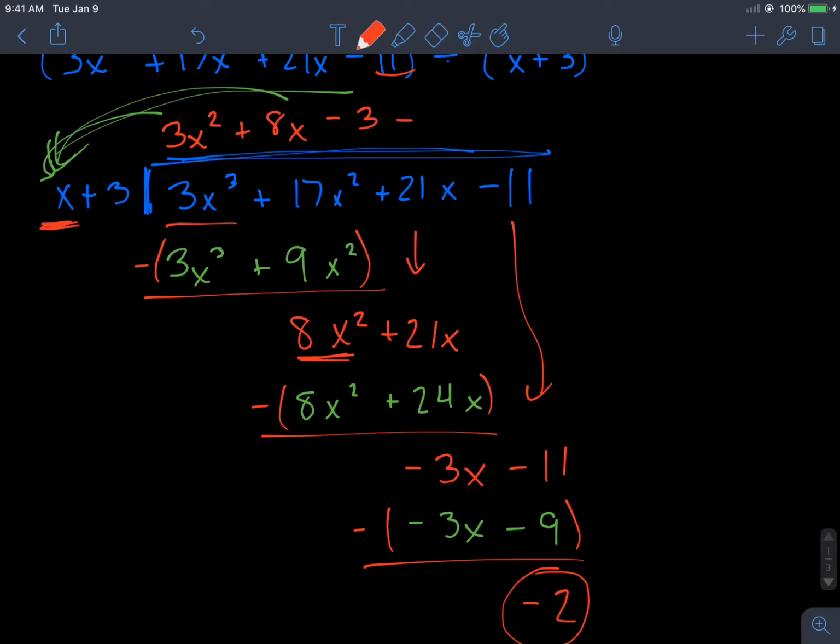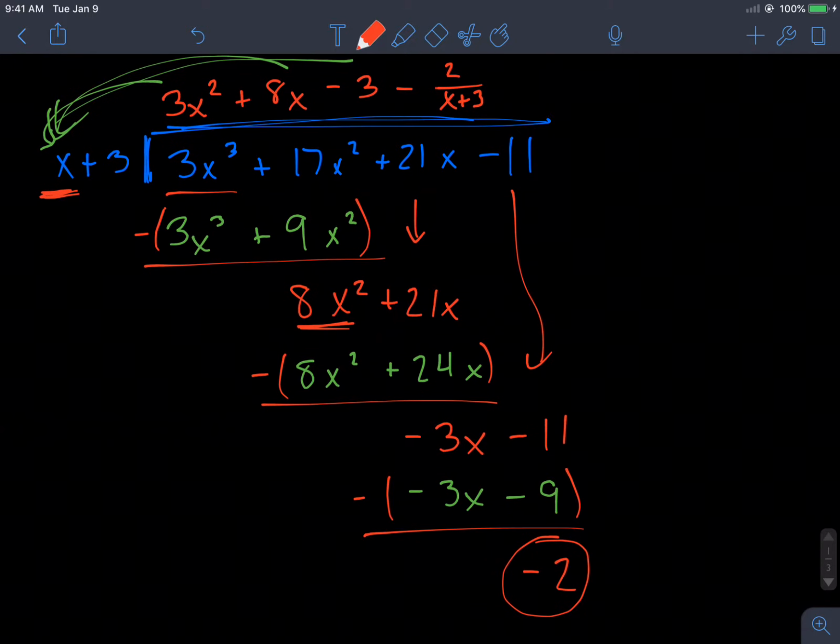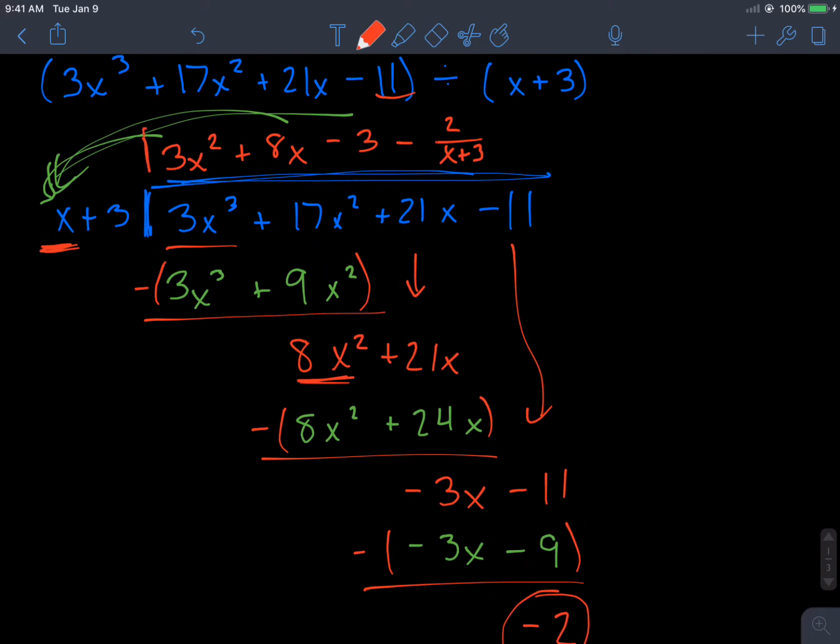And so we would have minus, because it's a negative 2, so negative 2 over x plus 3, because we haven't yet divided that by x plus 3. So this here, 3x squared plus 8x minus 3 minus 2 over x plus 3 is what we get when we do that division.